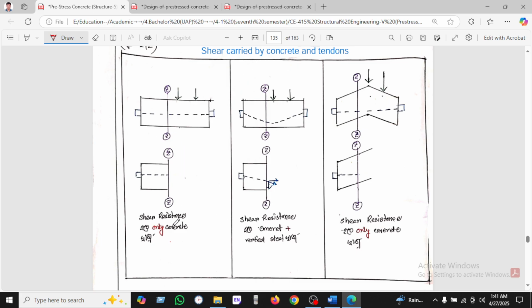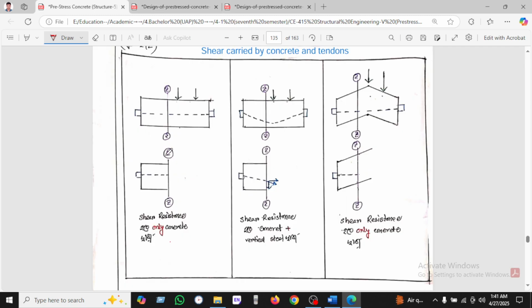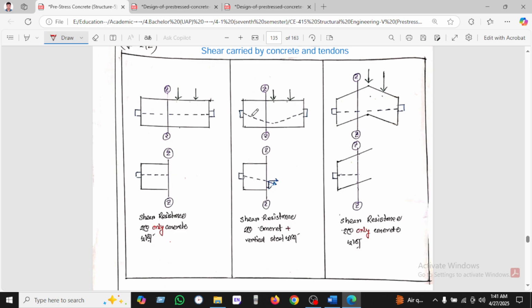Let's see the shear carried by concrete. The shear resistance is only by concrete in the first graph, which is the beam with straight tendon. Another is the beam with inclined tendon, where the shear resistance is concrete plus vertical steel.